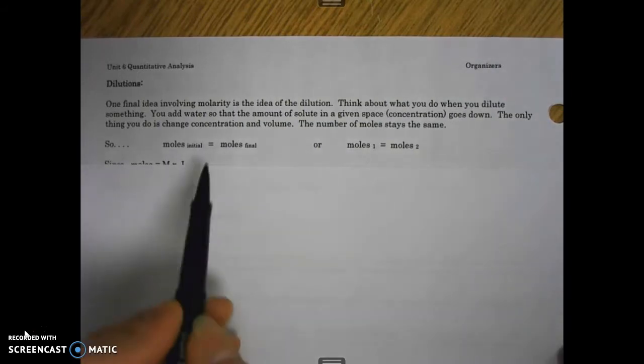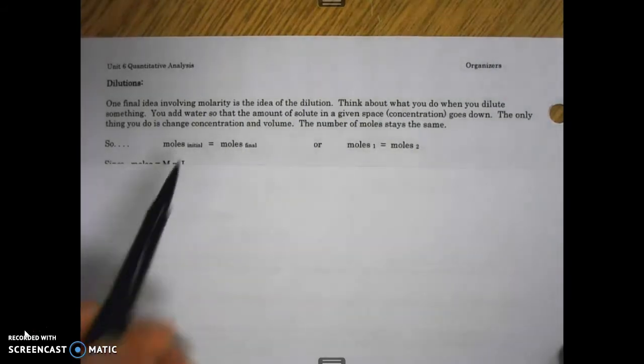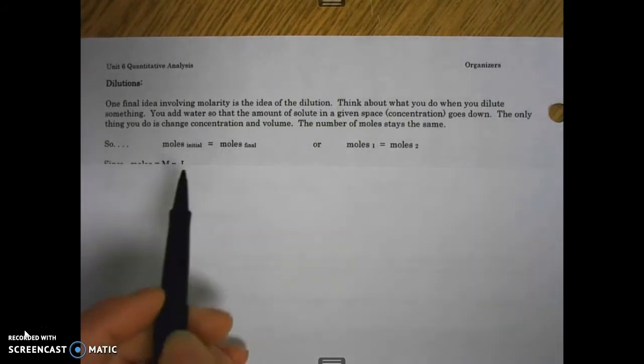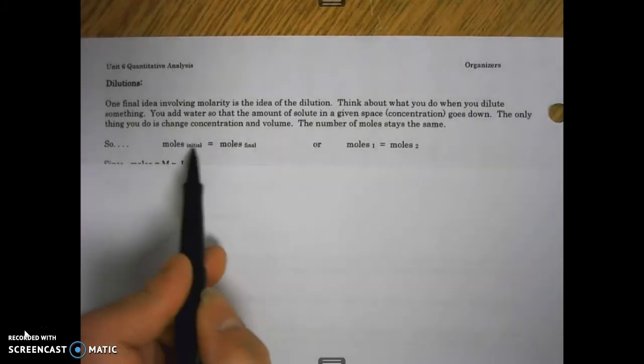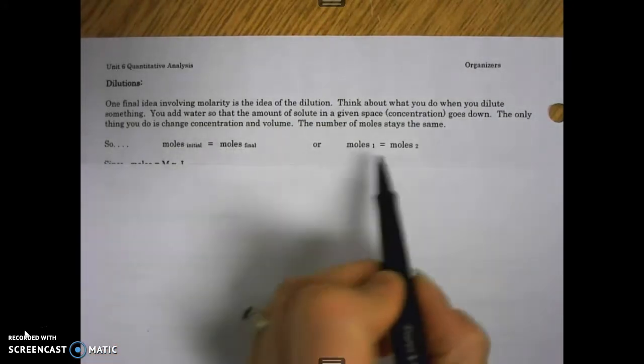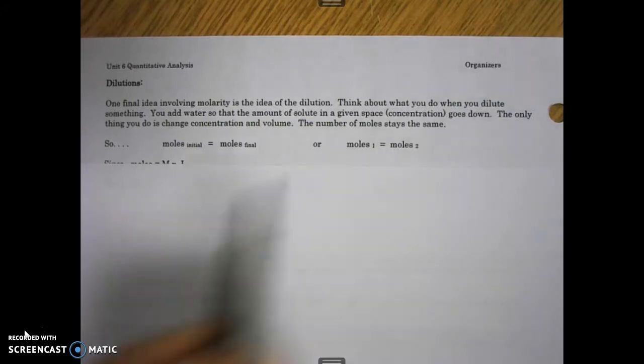But what's not changing is the moles. The moles of solute that you had is not changing because all you're doing is adding water. You're just changing the total volume of the solution. You're not changing the amount of solute. So moles that you started with are going to equal moles afterwards, or moles 1 equals moles 2.